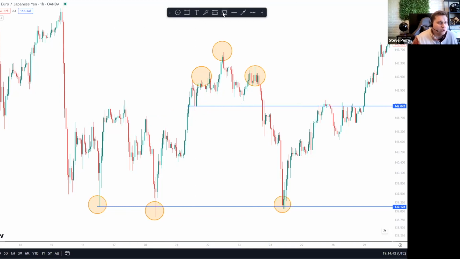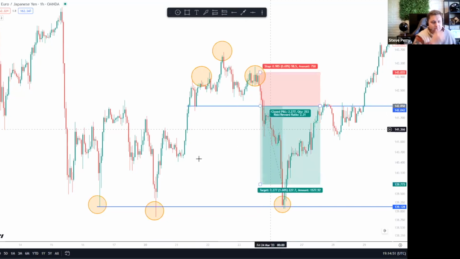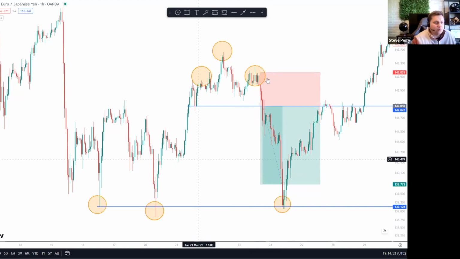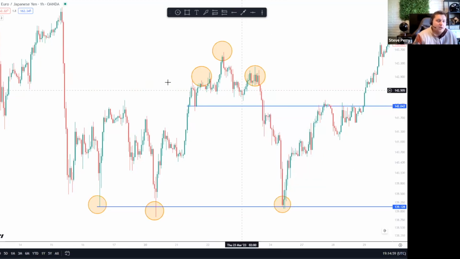Once it's formed, you could go in and place a short right there and just wait for it to pull back from that neckline and get in that way. That's not a bad way to go. This is actually one of my favorite patterns. So that is a head and shoulders right there.